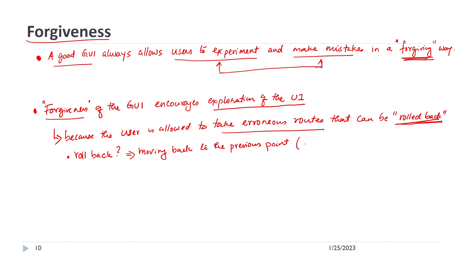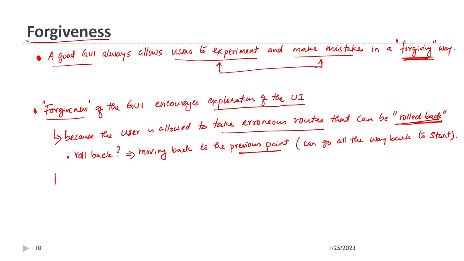So, we can go all the way back to start. Okay. If we can only roll back one step, the previous one, then that is one level of forgiveness. If we can roll back all the way to the beginning, then that is a hugely forgiving system. So, it does not matter, you do whatever you want and then keep on asking for forgiveness and the system will continue to roll back.